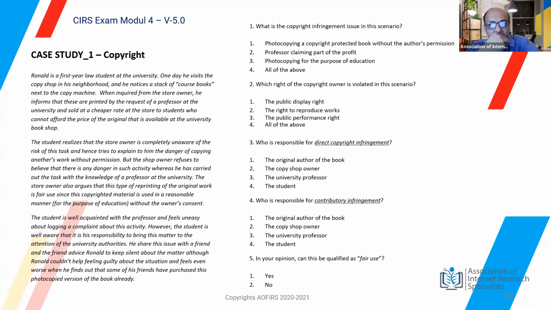So if the copy shop owner has made photocopies of a book, he's directly infringing. If somebody has propagated the idea or given directions to do something that is wrong, it is the actual doer who is directly responsible for it.